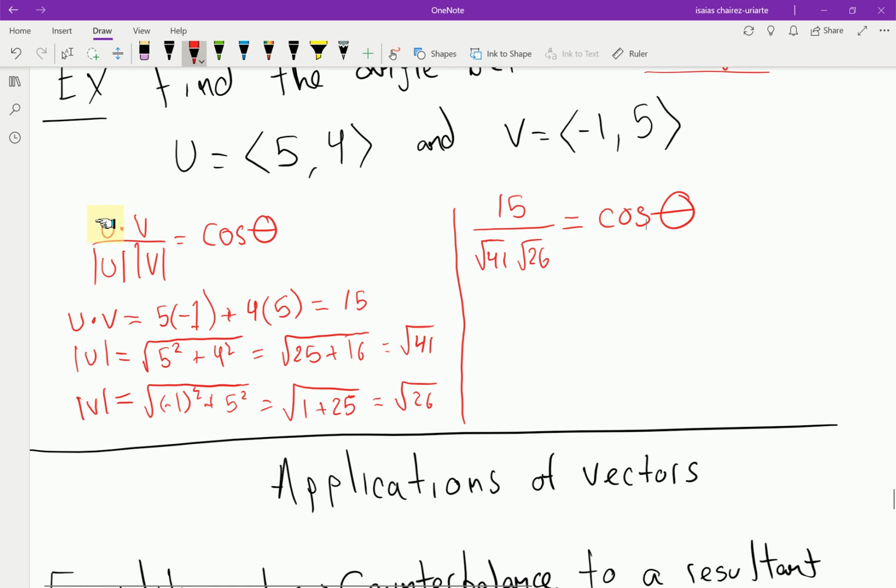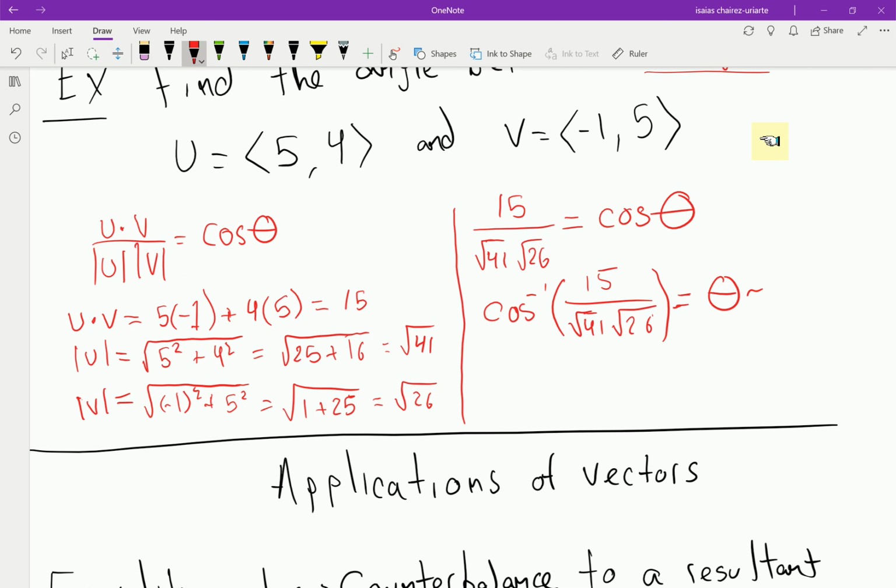I filled in what the dot product was, the magnitude of U, and the magnitude of V. Now this is going to help me find the angle between my vectors. The last thing I have to do is take the cosine inverse of this expression: cosine inverse of 15 over the square root of 41 times the square root of 26. That's my theta.